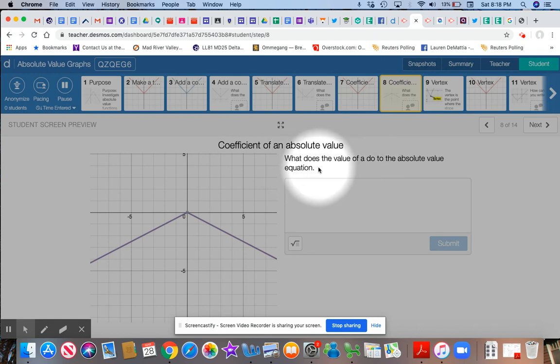So let's see, coefficient. What is the value of a?